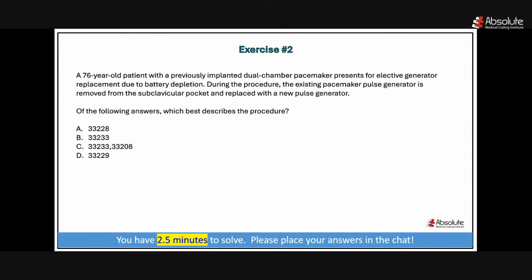During the procedure, the existing pacemaker pulse generator is removed from the subclavicular pocket and replaced with a new pulse generator. Which best describes the procedure? All right, coders, what say you? Your time begins now. Go ahead and place your best answers in the chat. You got this one.